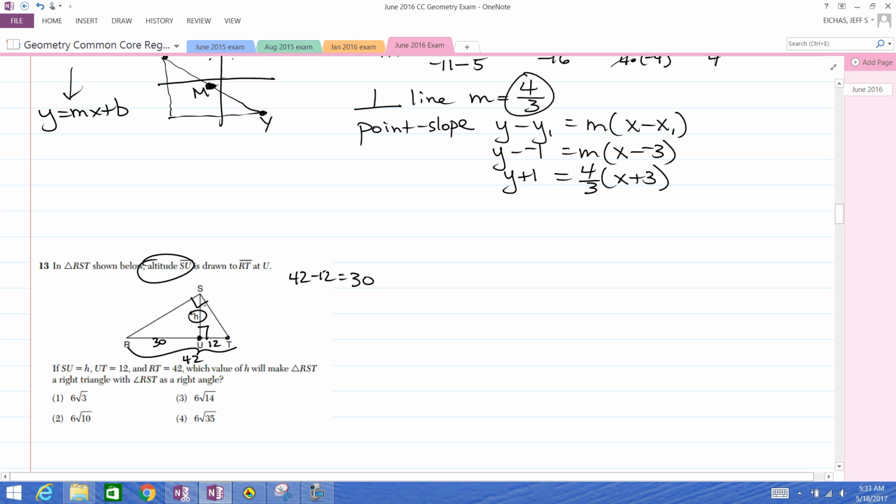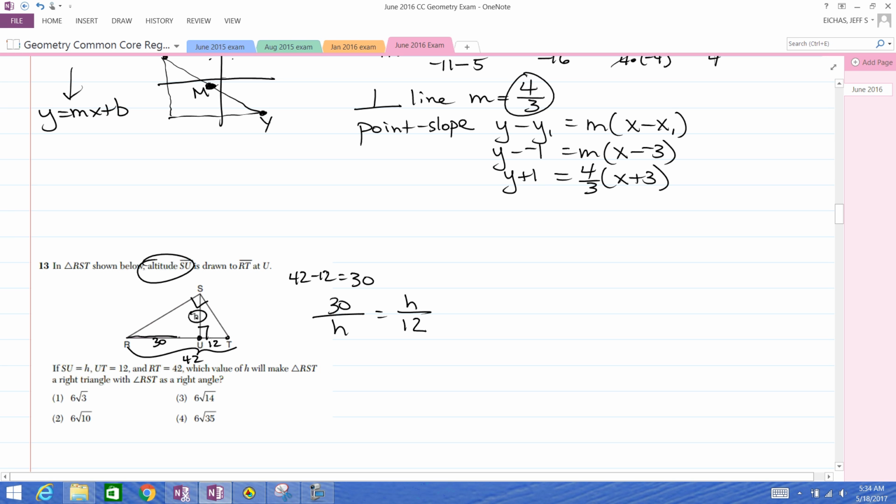What value of H will make it one of those? So we have to look at which pairs of sides will be proportional, corresponding sides proportional. After you get used to this situation, you should almost memorize it. We'll go 30 is to H, as H is to 12. Now here's why.